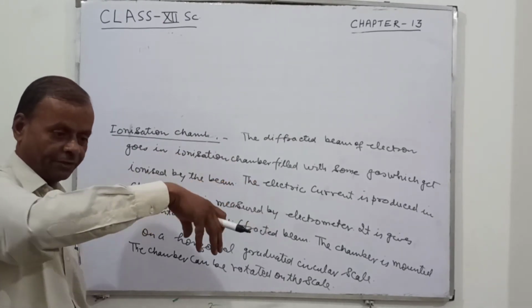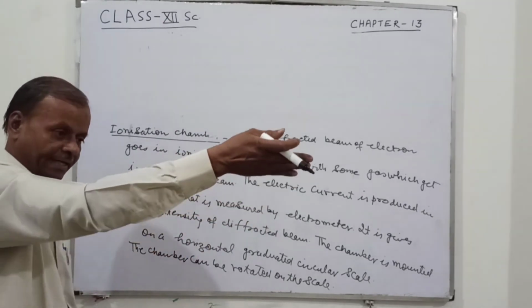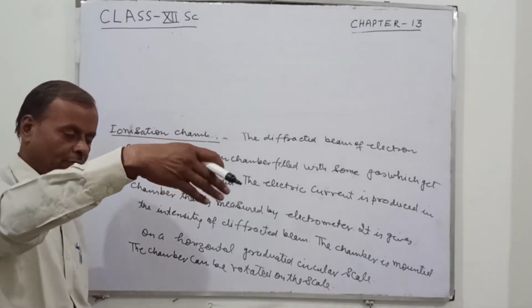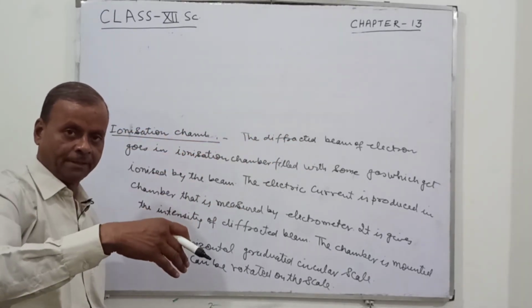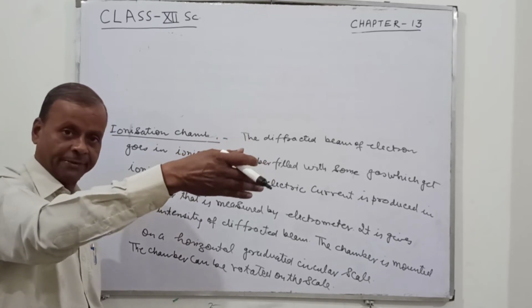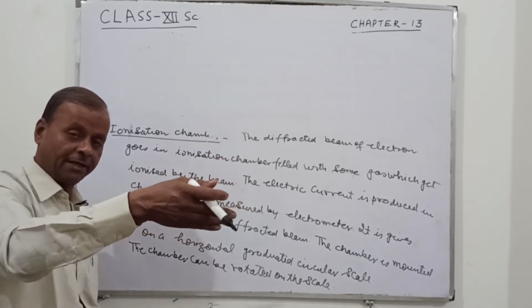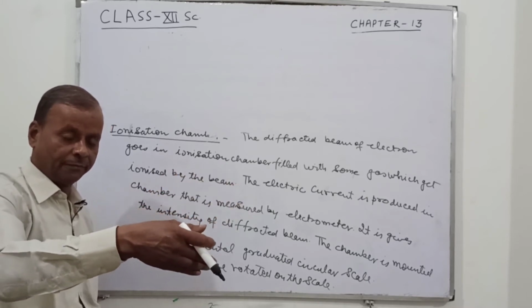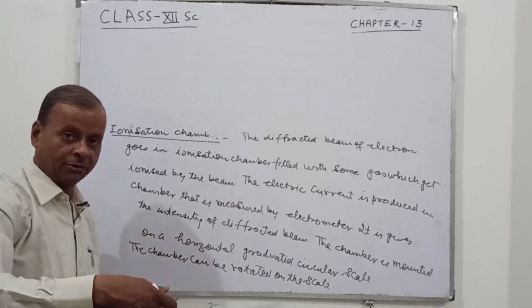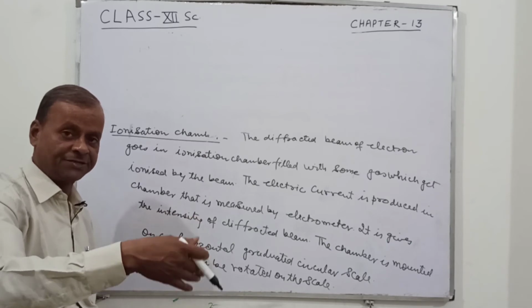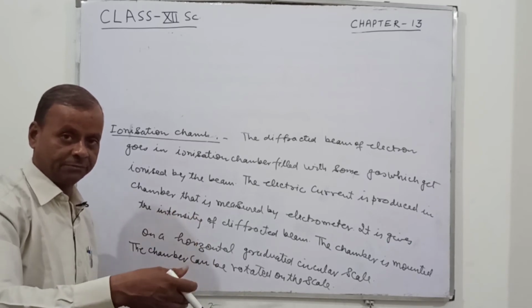Then this can be rotated like this, so that the angle of diffraction can be varied. The diffraction angle can change by moving the ionization chamber. So at different angles we find the intensity of diffraction.